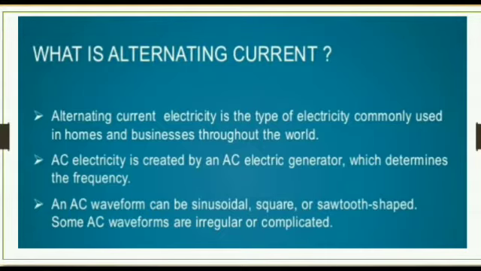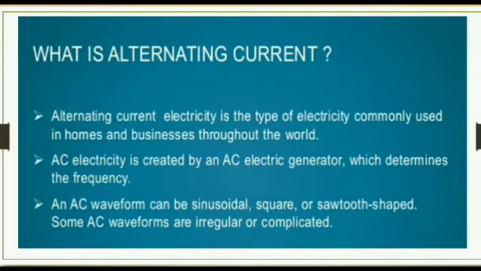AC electricity is created by an AC electric generator, which determines the frequency. So the AC current is created by an AC electric generator.